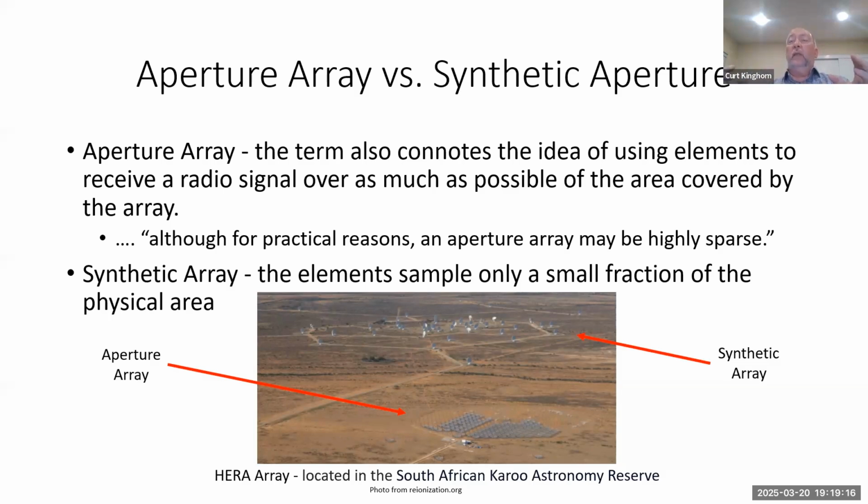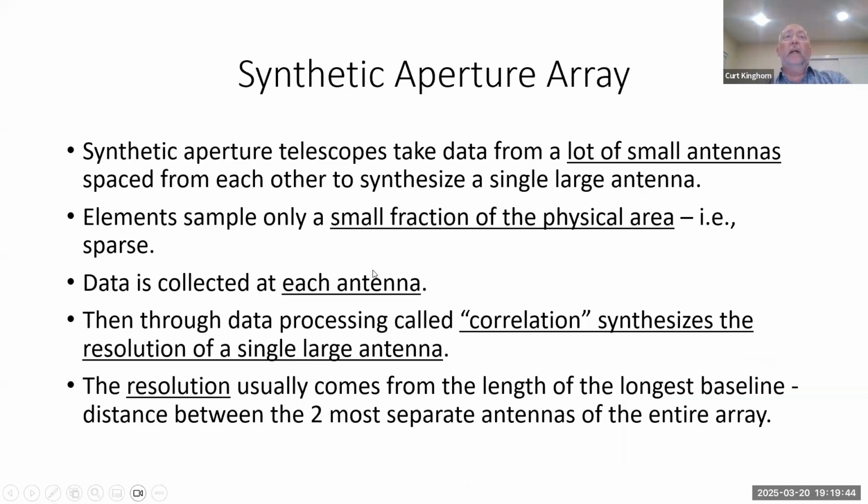Even though these antennas may be closely packed, like they are down here at the bottom, or far apart and sparse, as in the top, you still get the effective antenna as the combination of all the antennas together. And it's the distance between the largest two that determines the resolution the antenna acts like it has. That's the key idea here.